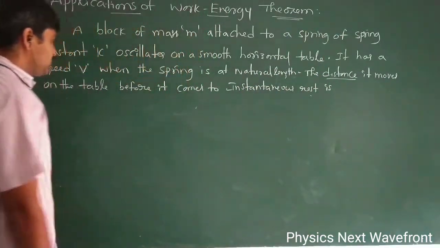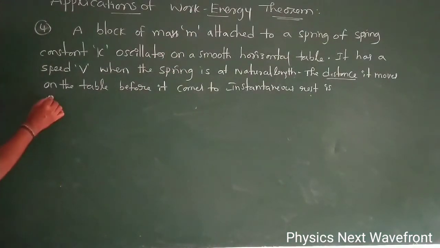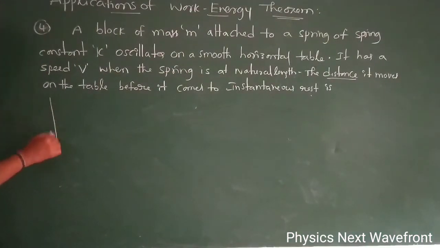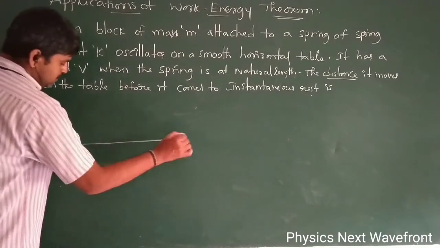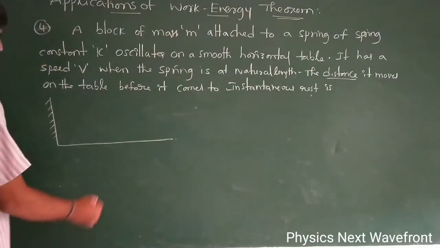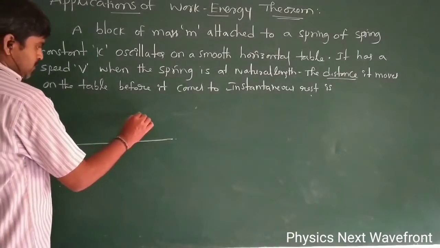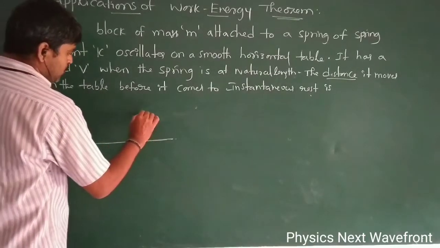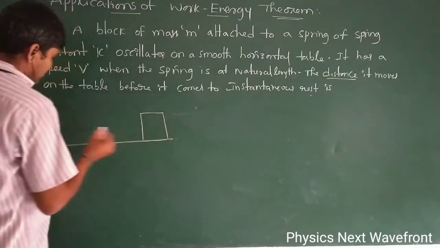Now let us consider the first diagram. This is a rigid support and this is a smooth horizontal surface. This is a block, attached to the spring at its natural length.